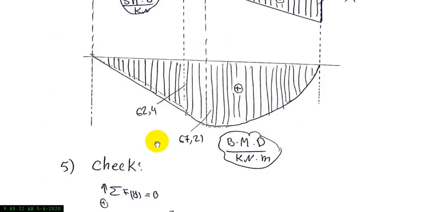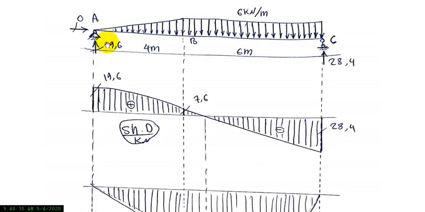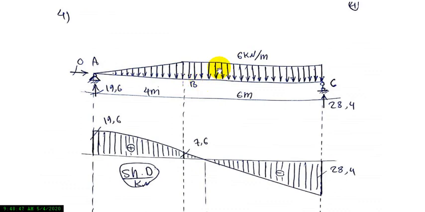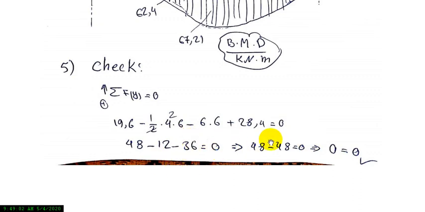After calculation: 19.6 at the upper side and 28.4 also at the upper side, we take positive, and this part acts downward, so we take negative: 6 multiplied by 6 and 1/2 of 4 multiplied by 6, the area of this triangle. 19.6 plus 28.4 becomes 48, and 36 plus 12 becomes 48, and 0 equals 0. So it is checked that our example is correct.